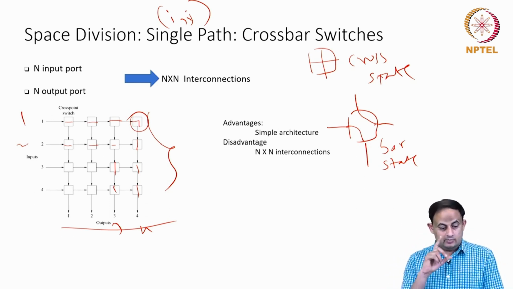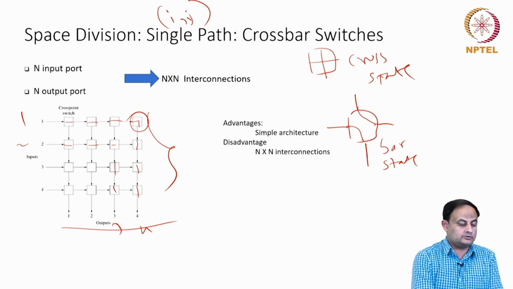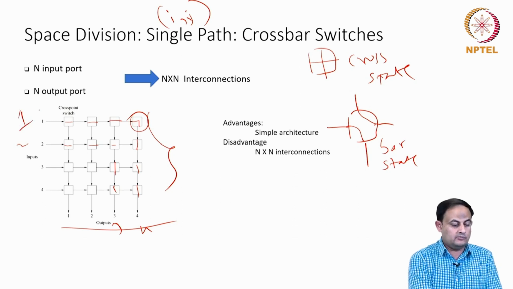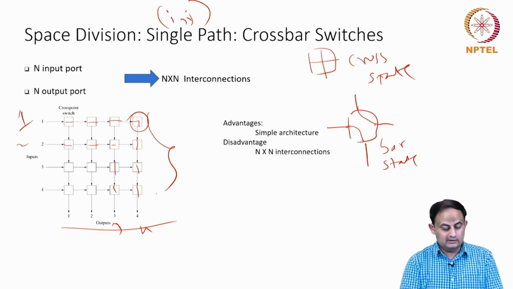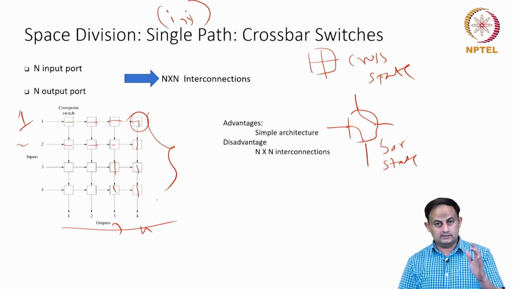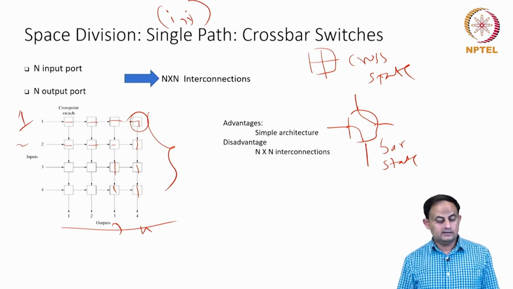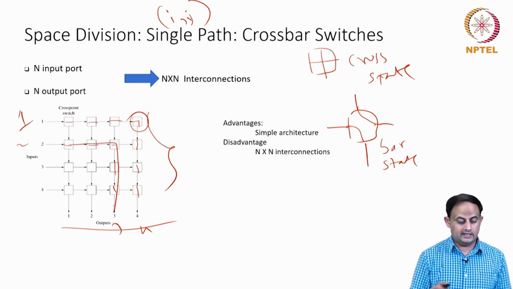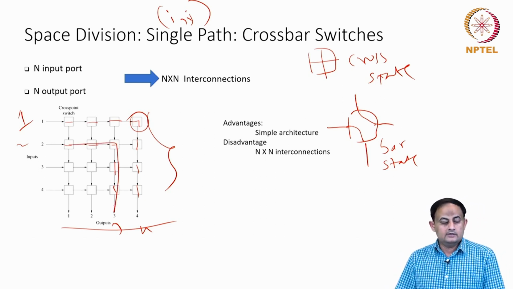So there is only a unique path between one pair of input and output points. When I want to transmit from input port number 1 to 4, this is the only link that is available, so that is the link I should take. And if I want to transmit to 2 and 3, this is the path that I should take. Nothing else. That is how it has been designed.